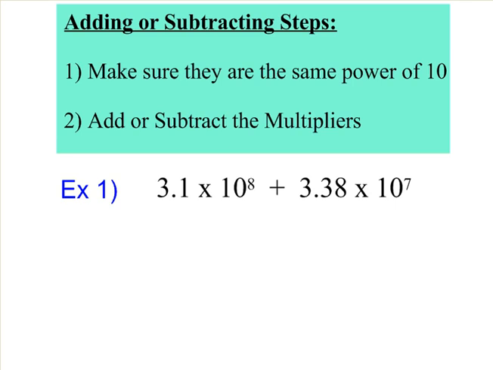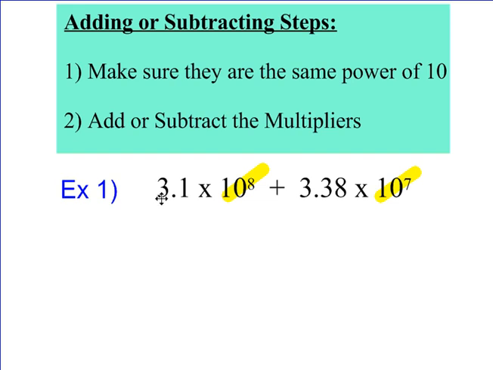Now in this example, 3.1 times 10 to the 8th plus 3.38 times 10 to the 7th, we notice that they are not the same power of 10. So we need to fix them so that they can be. Let me show you a little bit of information and then we'll decide which way we want to go.